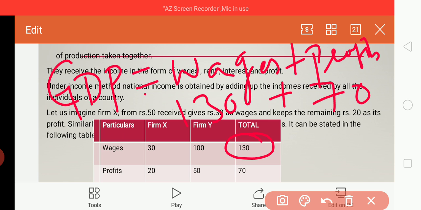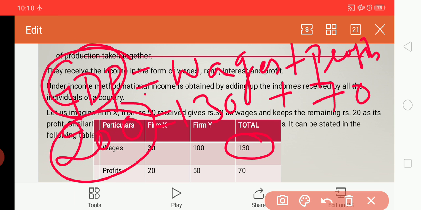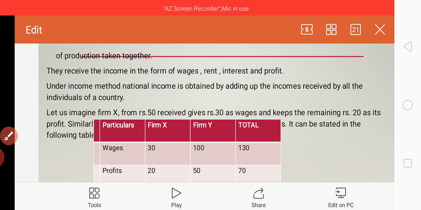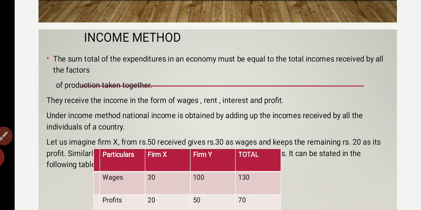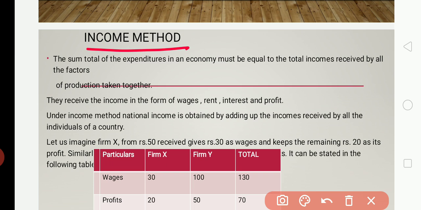So 130 plus 70 is 200. So what is the total GDP? GDP is 200. That is how national income is calculated. How? By taking up the individuals' income of the country. When we add up all the individuals' income of the country, we are calculating the national income. This is one method of calculating the national income. This is called the income method.